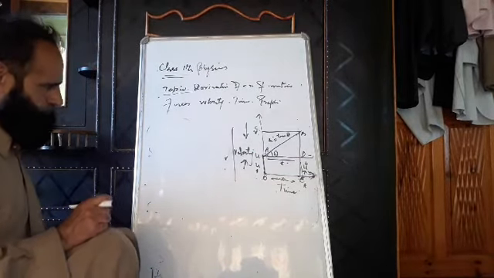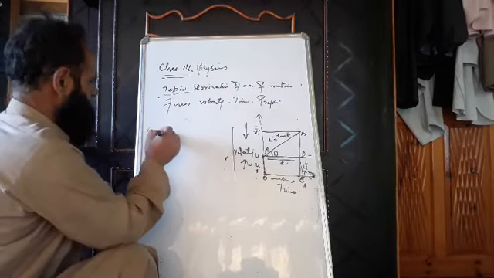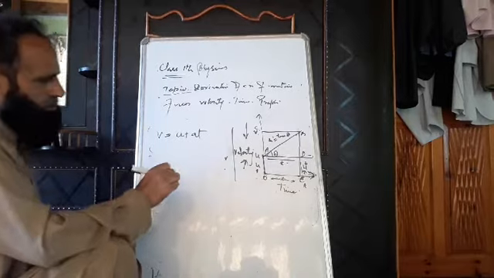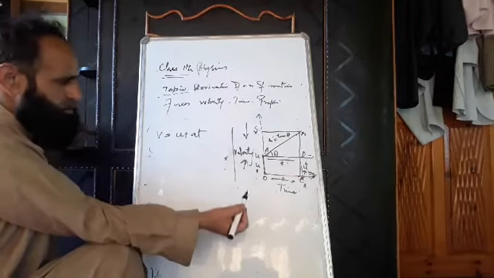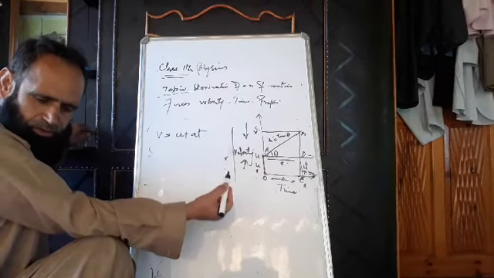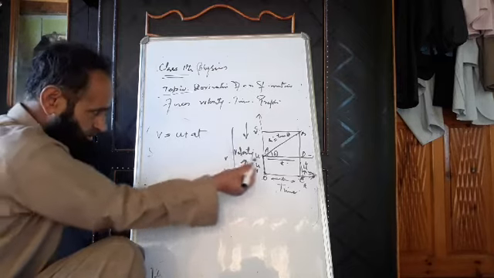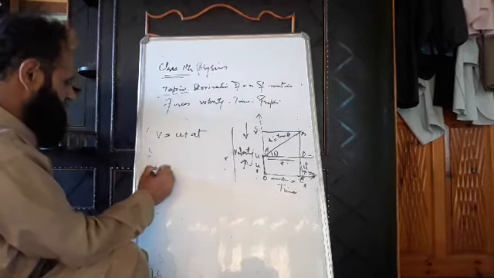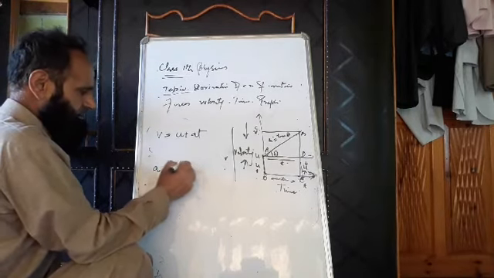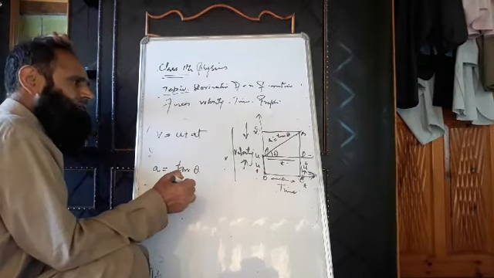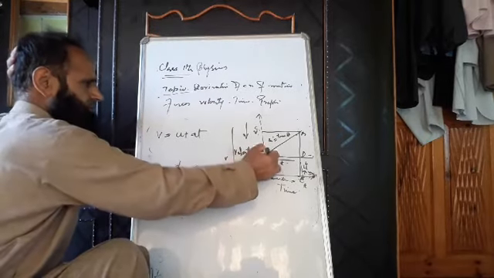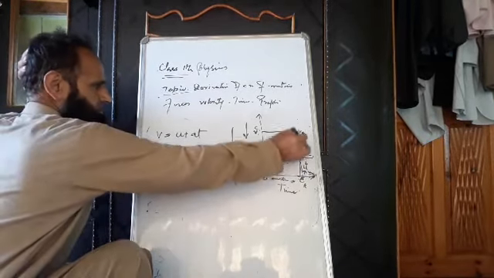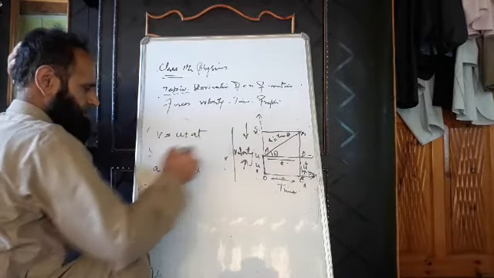We know that the first equation of motion is v is equal to u plus at. We have to derive this equation from this velocity time graph. We know that our acceleration a is equal to tan theta. If we take this triangle ADB, this tan theta would be BD divided by AD.